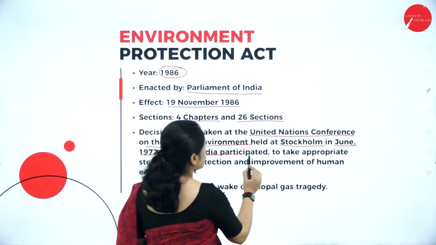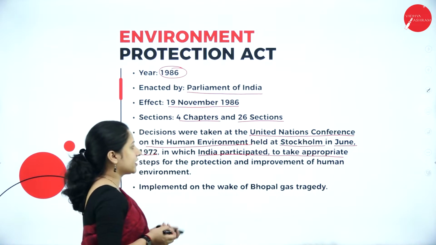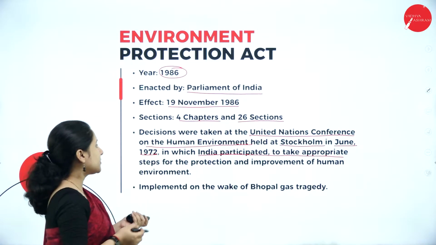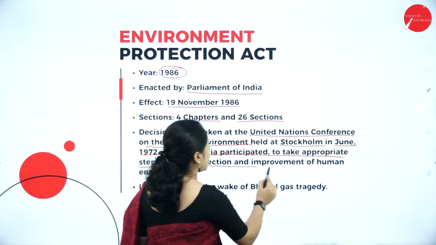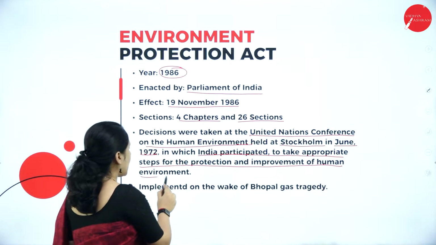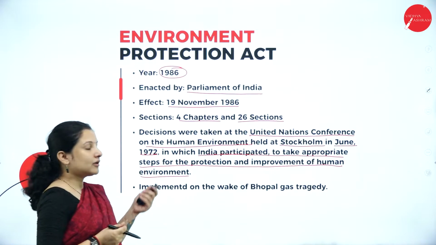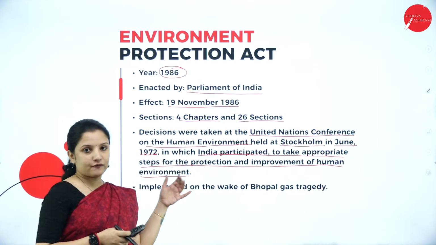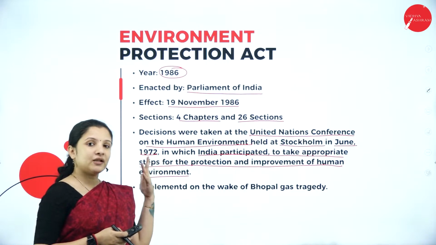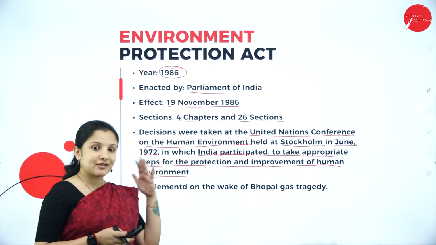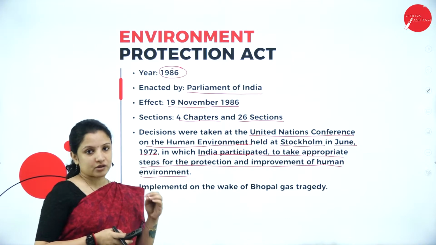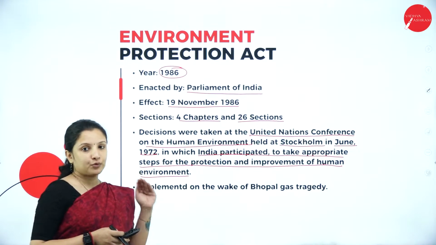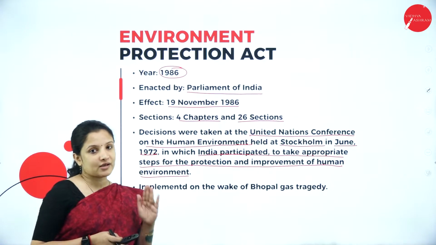After participating in that conference, India took appropriate steps for the protection and improvement of the human environment. Even after that they had an idea to put forth this law, but once the Bhopal gas tragedy happened, it was a wake-up call for the government, and they decided strictly that we have to put a law if we need to protect the environment.